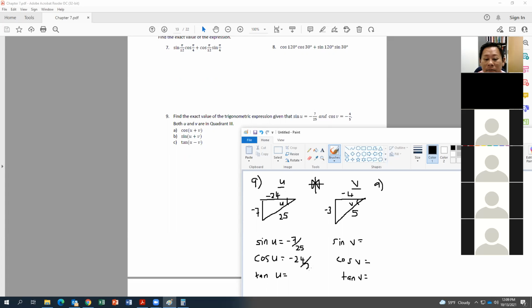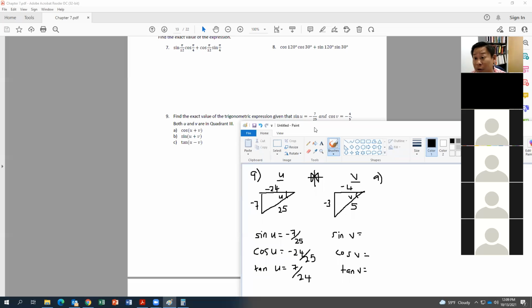And tangent, negative 7 over negative 24? Because both of them are negative, it becomes positive. Yep, that's good. Make sure you don't put two negatives. You know, right? Two negatives become positive.